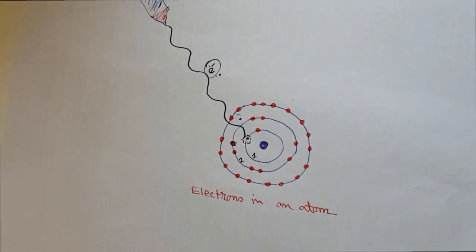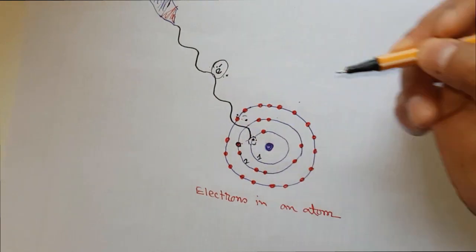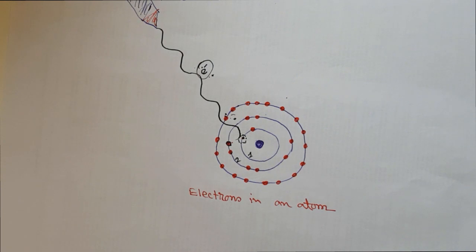But my question is why not hit the outer shell electron? This is really interesting, and it's related to quantum mechanical phenomena. If you want to discuss, come to the comment section of this video and we'll discuss it. It's not so simple. I will discuss with you.